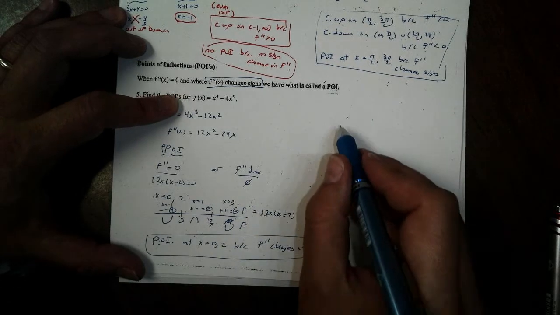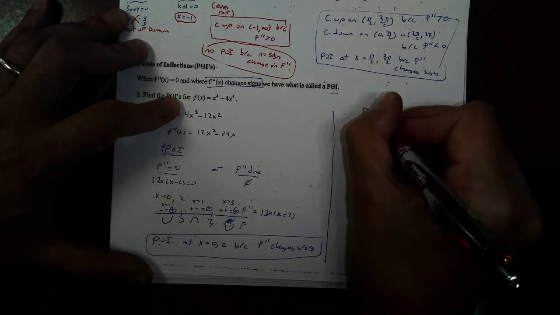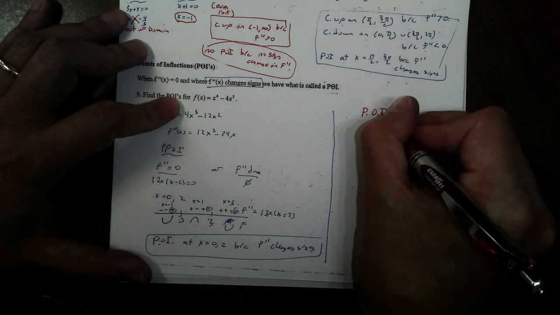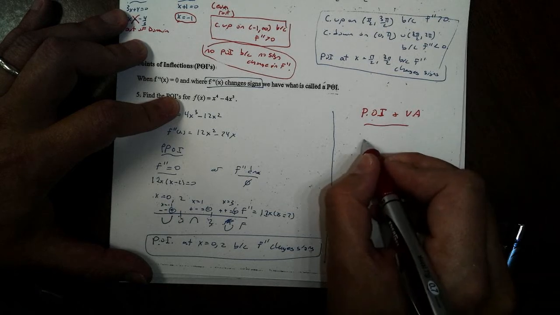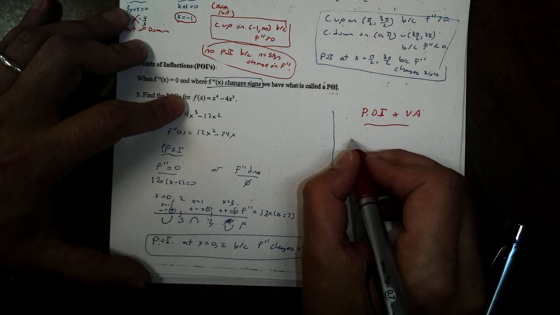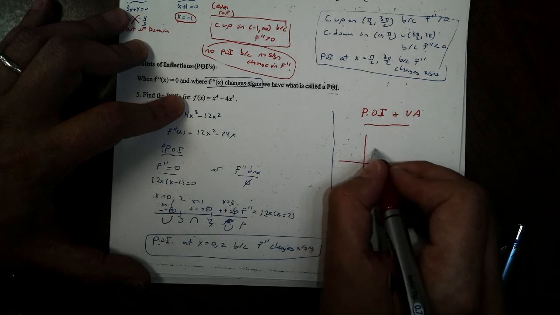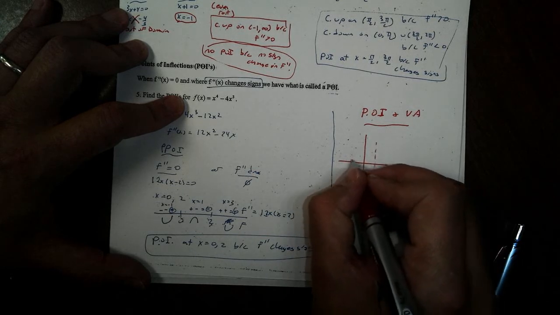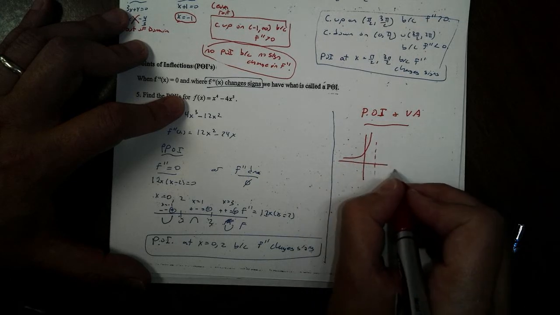Now, I do want to talk a little bit more about asymptotes, points of inflection, and vertical asymptotes. So let's say we have a graph. And we have a vertical asymptote like at x equals 1. So here I have a function right here, and here I have a function.